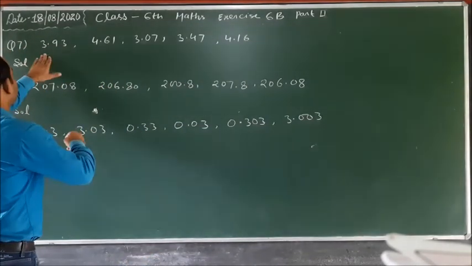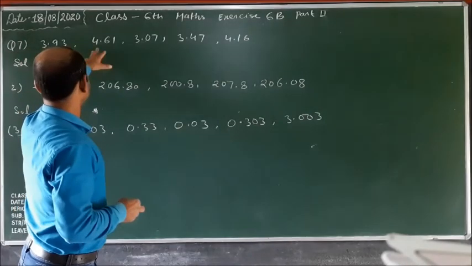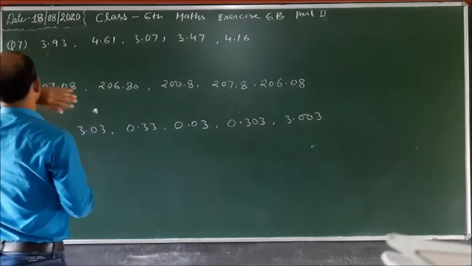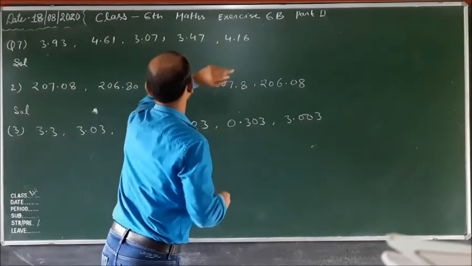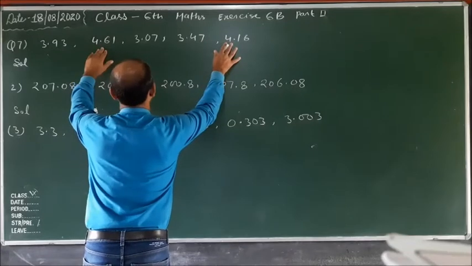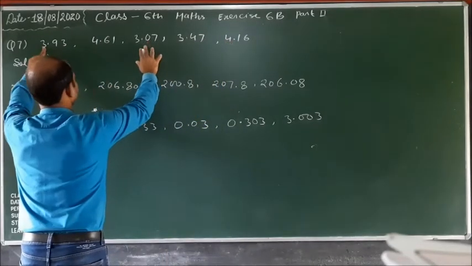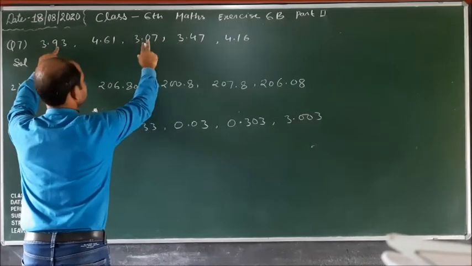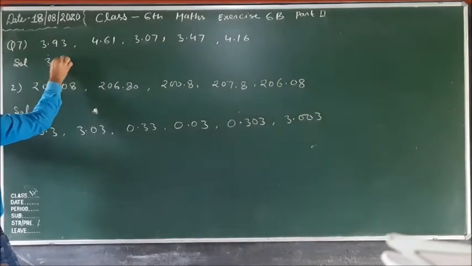So dear children, 3.934, 3.47, 3.93, 4.16, 4.61: first we choose the smallest number. Now 3, 4, 3, 3 and 4. So these two numbers are greater.